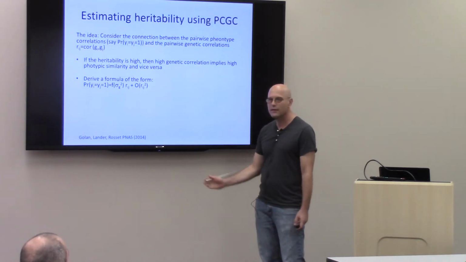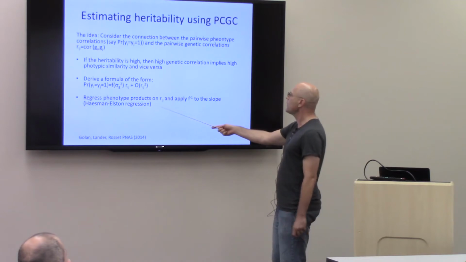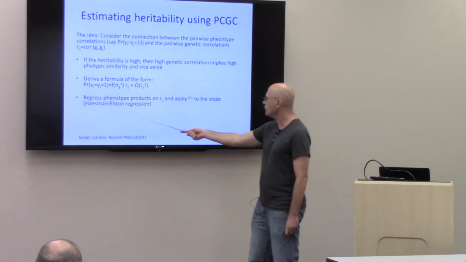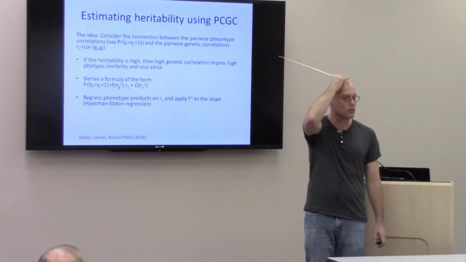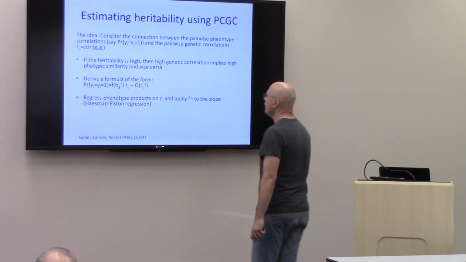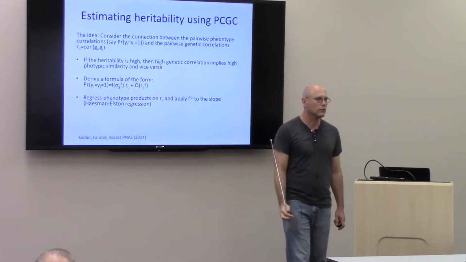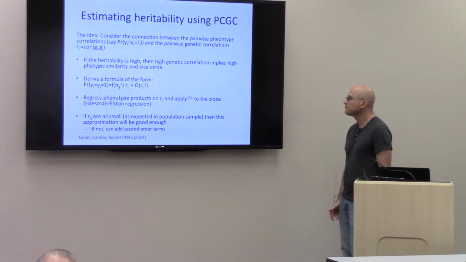Doing a regression and then inverting the function f, right? So we regress the phenotype products on the r_ij, and then we apply f inverse to the slope, right? And this can be thought of as an instance of the well-known method called Haseman-Elston regression. But really, the nature of the function f is unique in that it has to take into account the case control sampling.